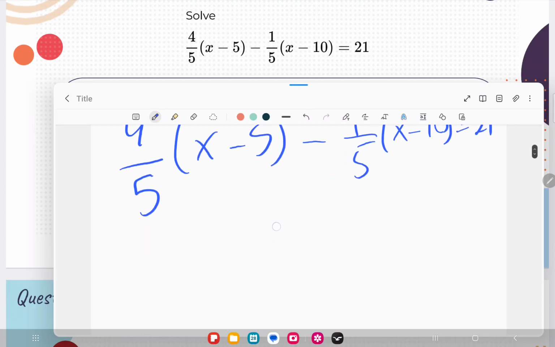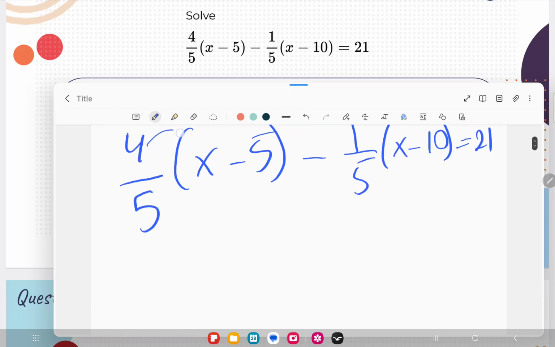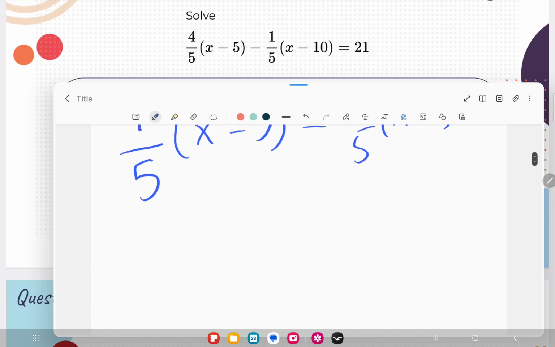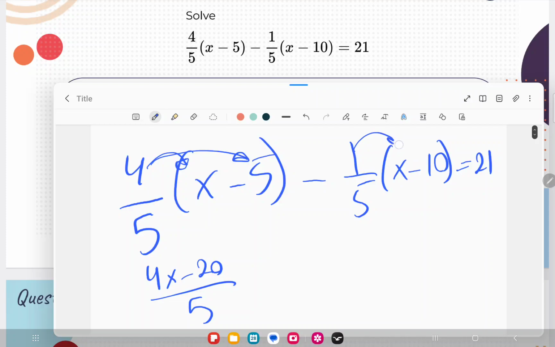So once I do this one over here, I'm going to multiply 4 by x, and I'm going to multiply 4 by 5. So it's going to be 4x minus 20 over 5. I'm going to multiply minus 1 by x and minus 1 by minus 10.